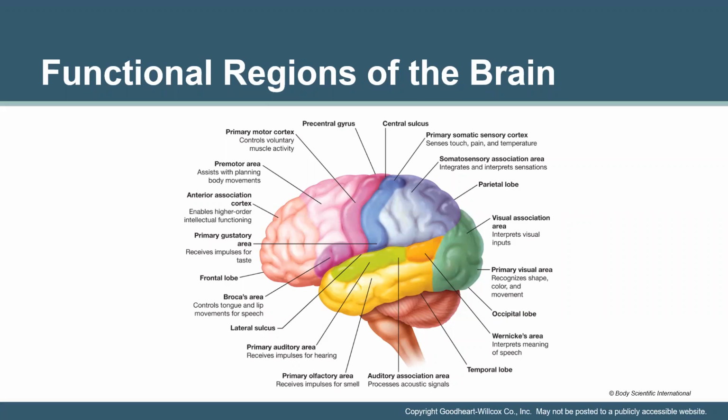The medulla, which is inferior to the pons, helps regulate heart rate and blood pressure and breathing, and will control reflexes for coughing, sneezing, and vomiting. We also have something called a reticular formation. This is the collection of integrated gray matter that extends the length of the brain stem.